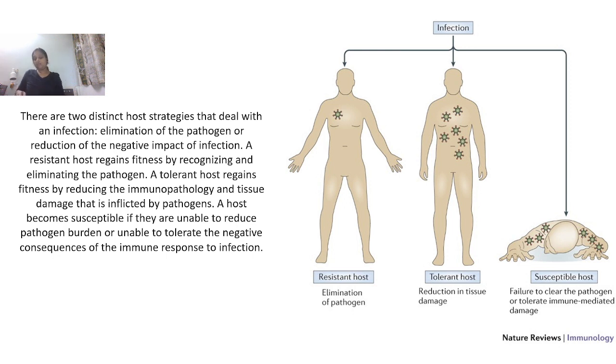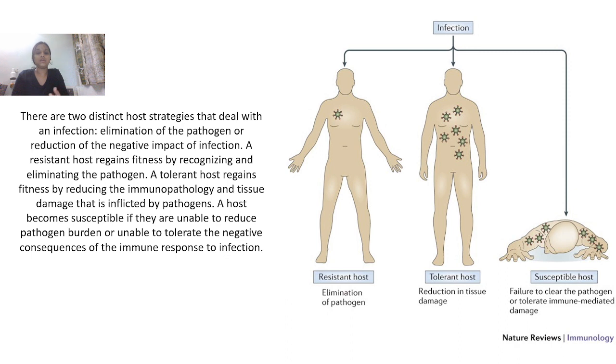In this type of host, they will not completely remove the pathogen, but some amount of pathogen will be there in the body, but there will be reduction in the tissue damage. Another type of host is the susceptible host.